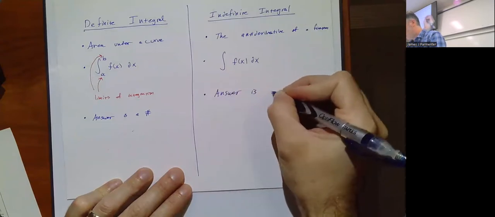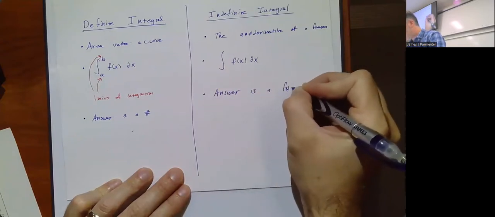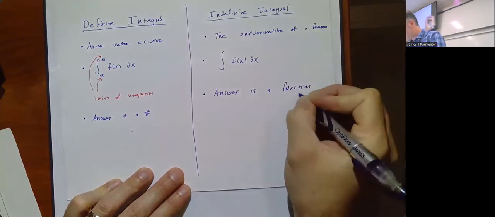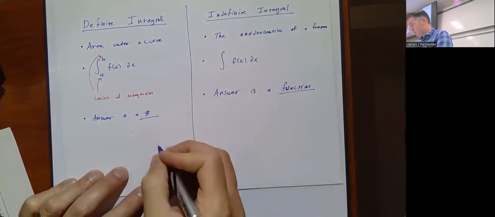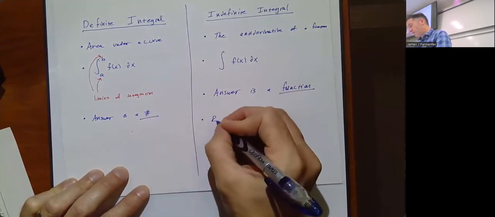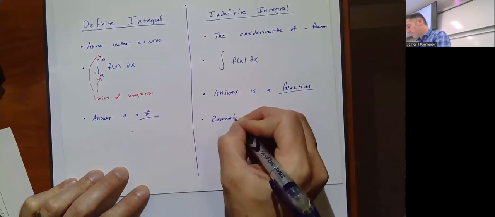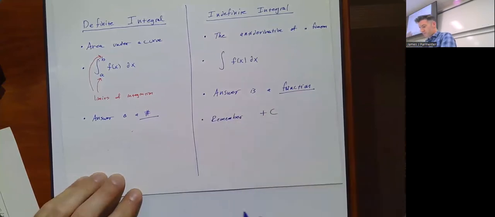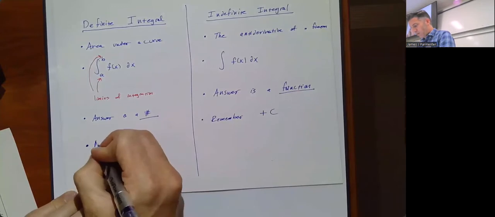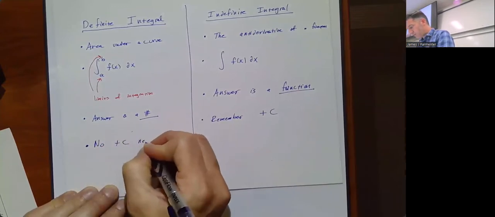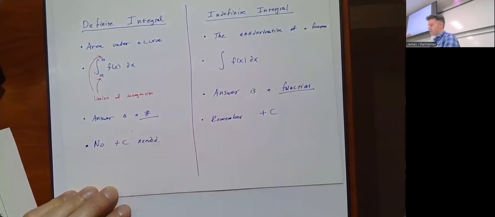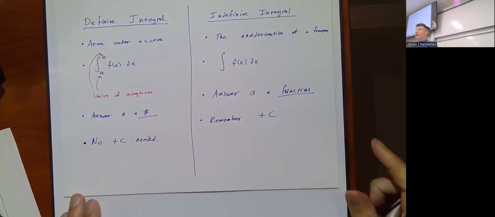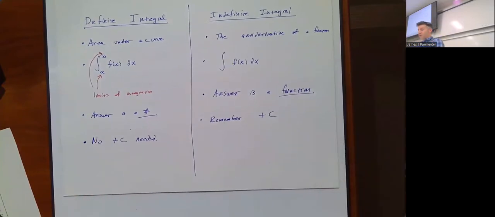The answer is a function itself. And I'll lastly say here, remember the plus c. Over here, no plus c needed. So those are the main differences between a definite integral and an indefinite integral.